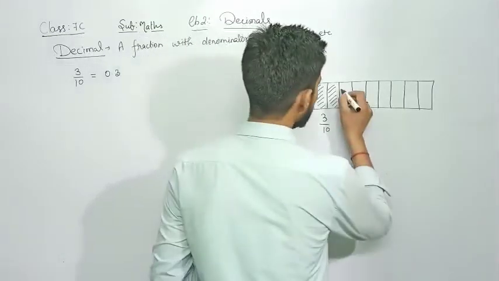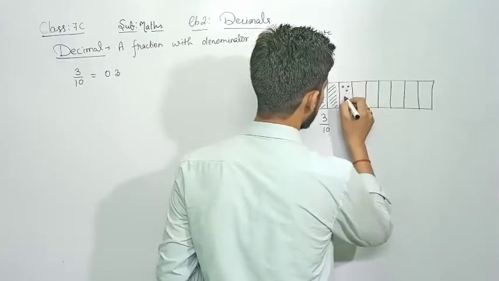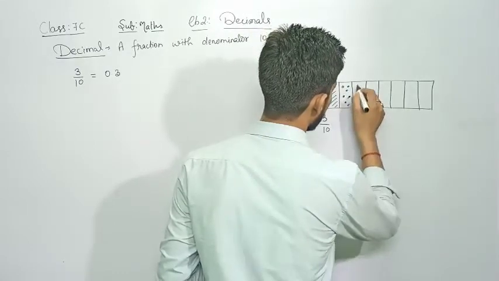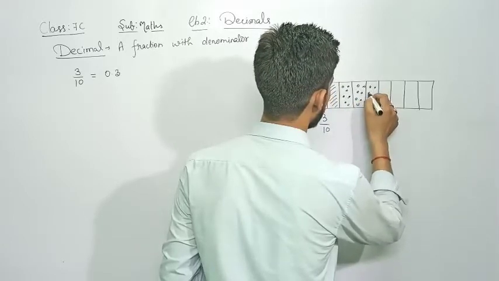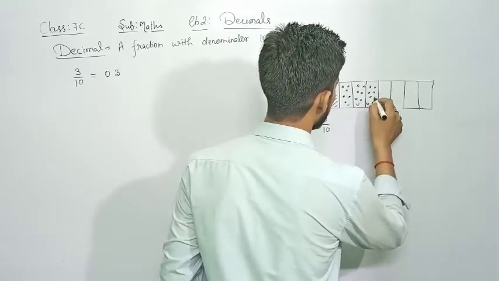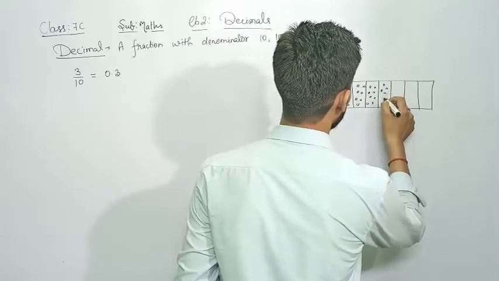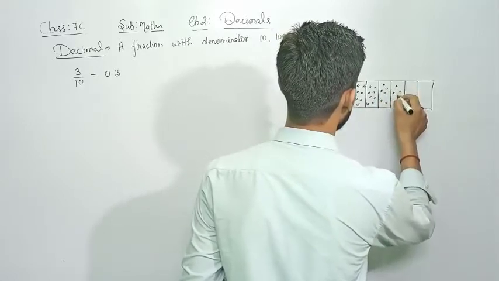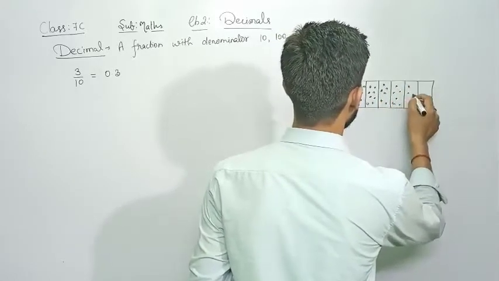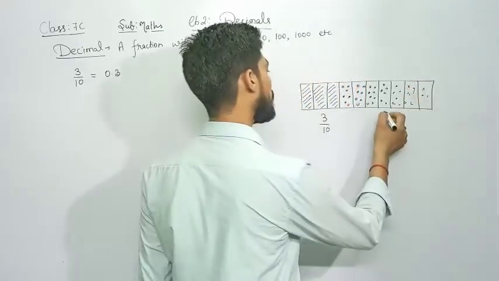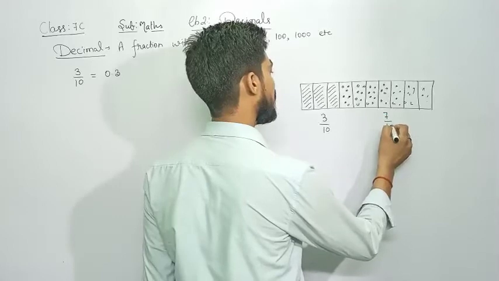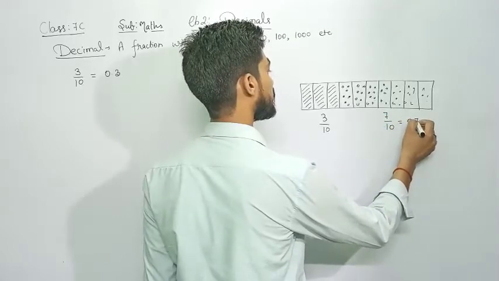Next, these 7 parts can also be written as 7 by 10, that is 0.7.